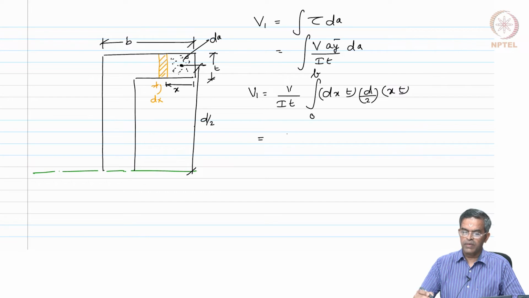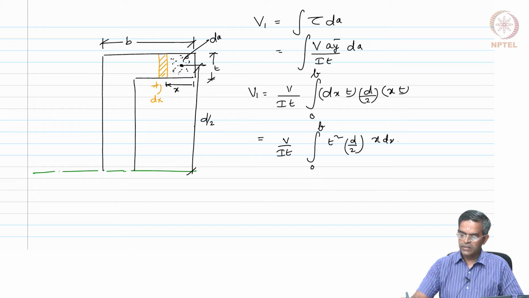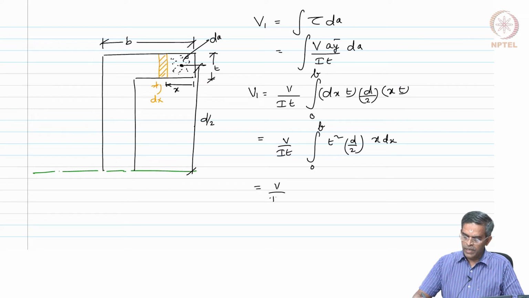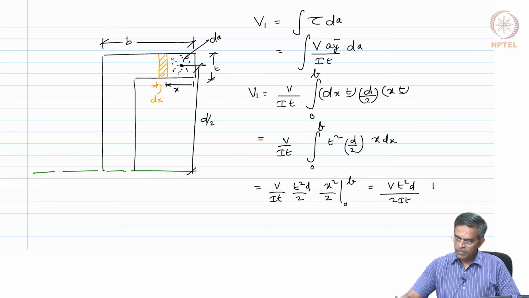So, this becomes V by It, integral t square 0 to B, D by 2 of x dx, which becomes V by It, t square D by 2, x square by 2, 0 to B, which will become V t square D by 2 It b square by 2.